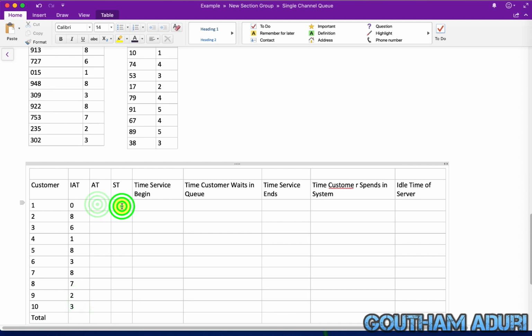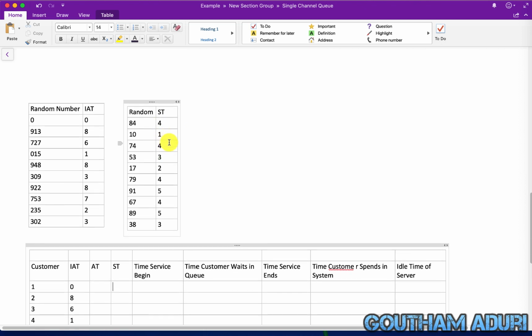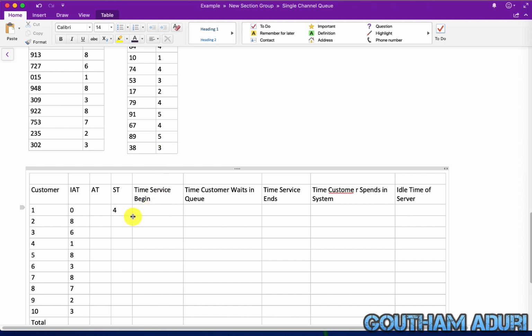For the arrival time and service time, I just put whatever values I got from the random interval range: 4, 1, 4, 3, 2, 4, 5, 4, 5, 3.